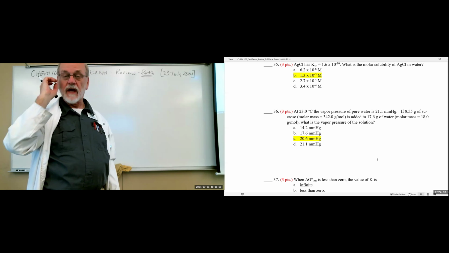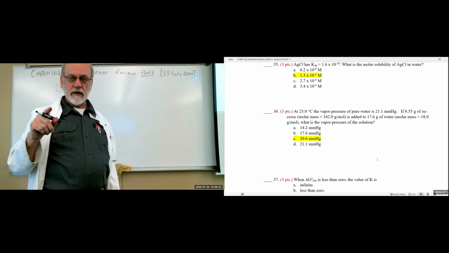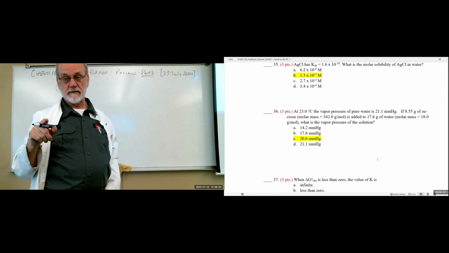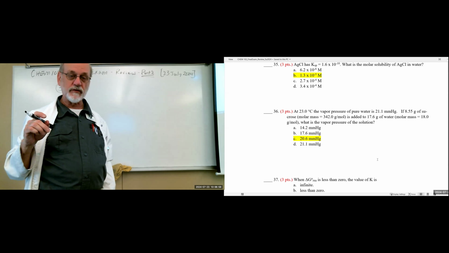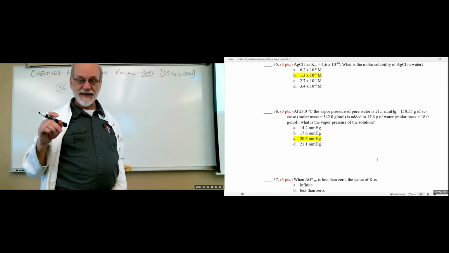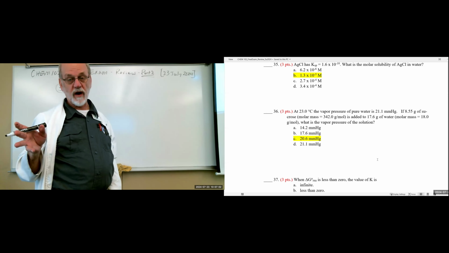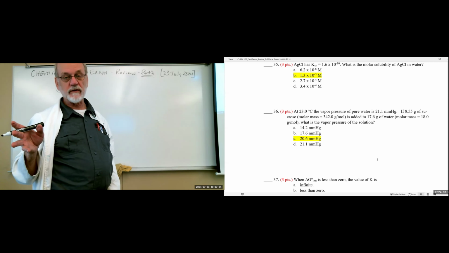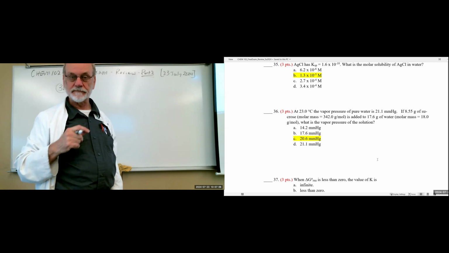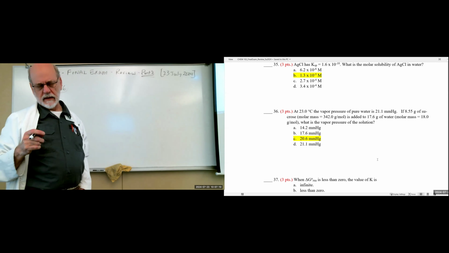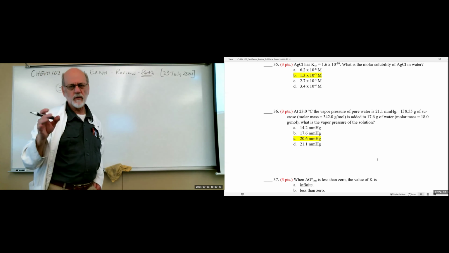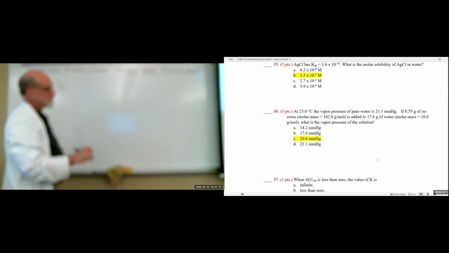At 23 degrees, the vapor pressure of water is 21.1 millimeters of mercury. If 8.55 grams of sucrose is added to 17.6 grams of water, what's the vapor pressure of the solution? All right. Let's see. What are we given? The temperature is 23 degrees.